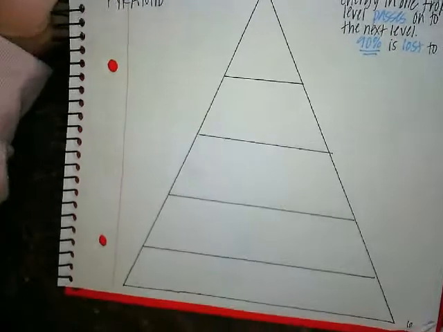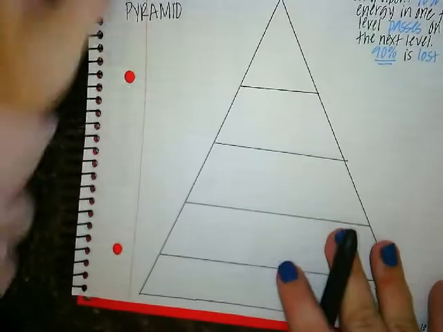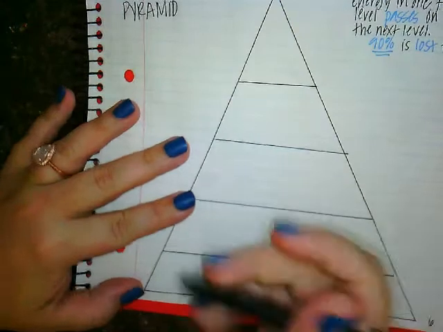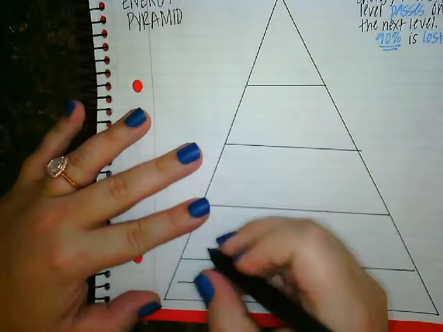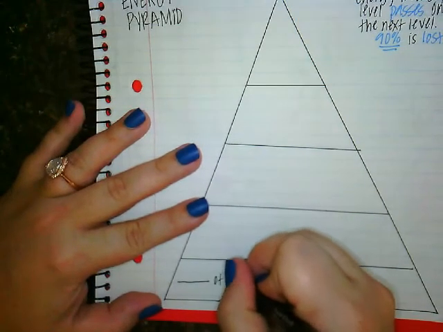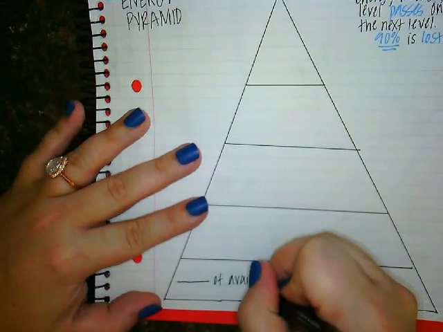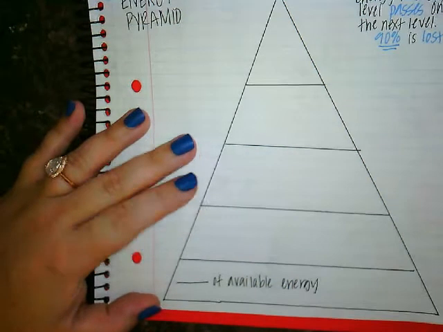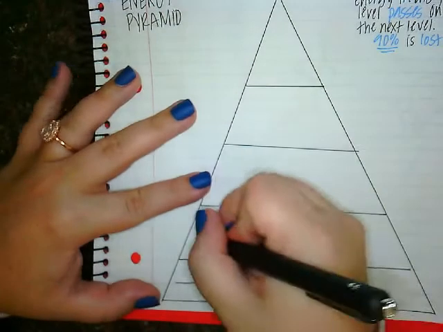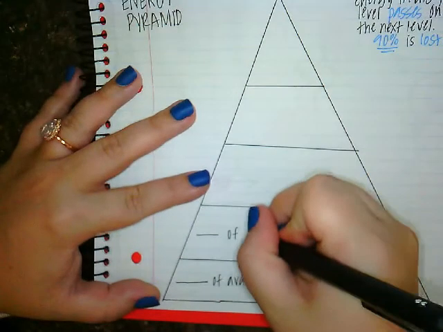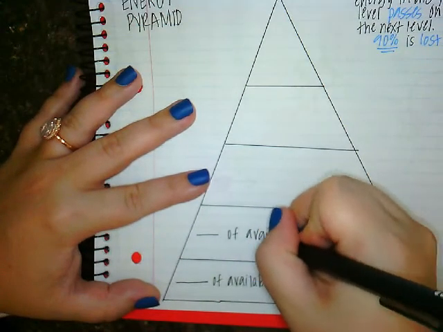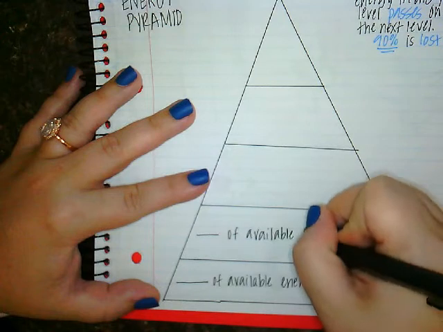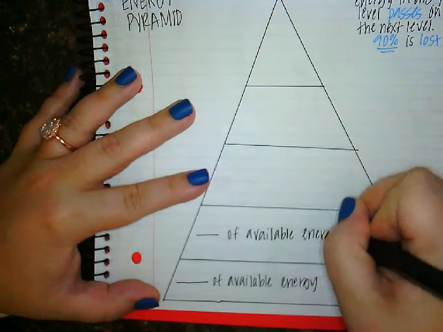So let's get to work in our triangle here. So we're going to do some setup base work. On each level, you're going to draw a blank and put "of available energy." Okay, we're going to do that all the way up. Blank of available energy.